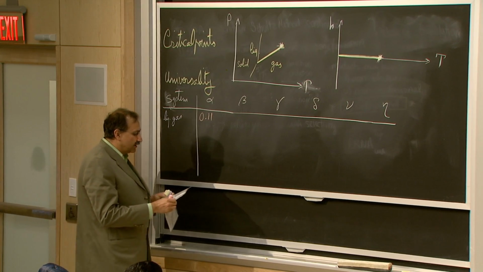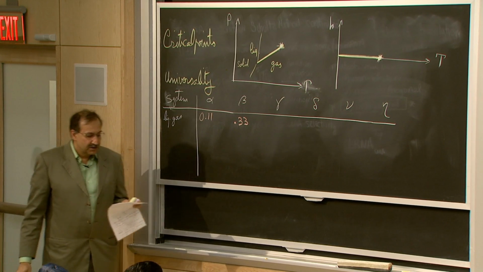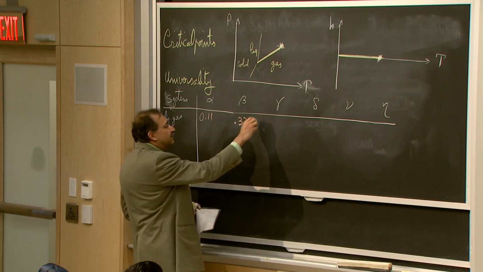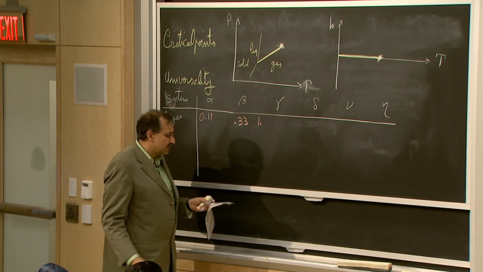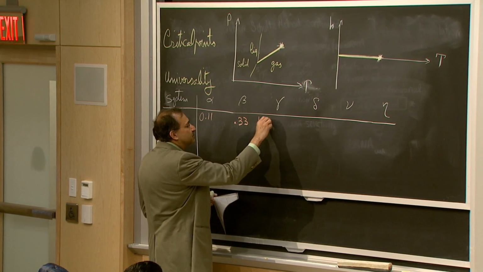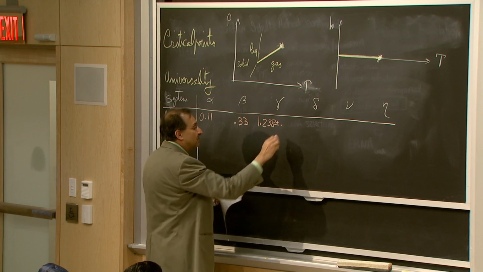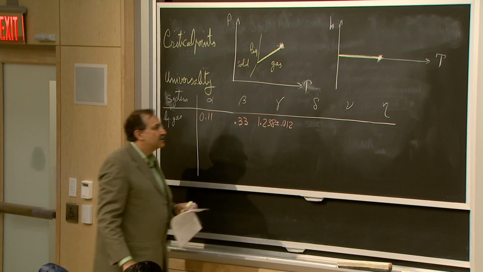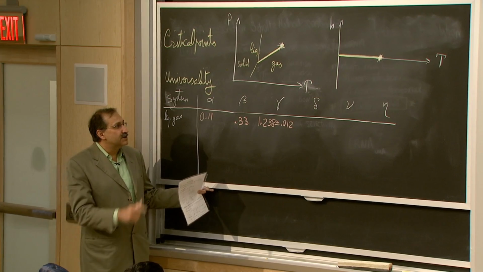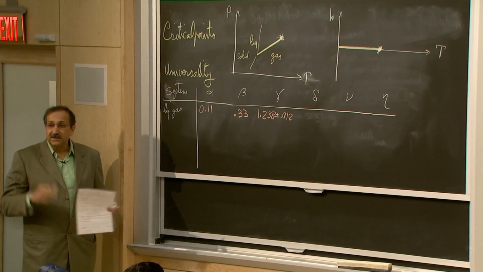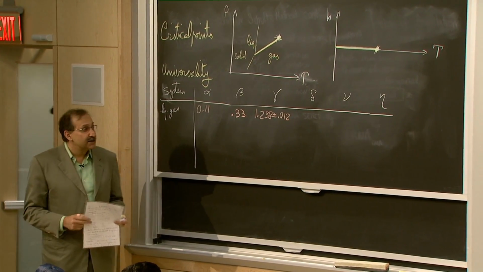The case for beta is 0.33. Gamma, okay, I will give you a little bit more digits just to indicate the accuracy of experiments, is 1.238 plus or minus 0.012. So these exponents are obtained by looking at a fluid system with light scattering, doing this critical opalescence that we were talking about in more detail and accurately.